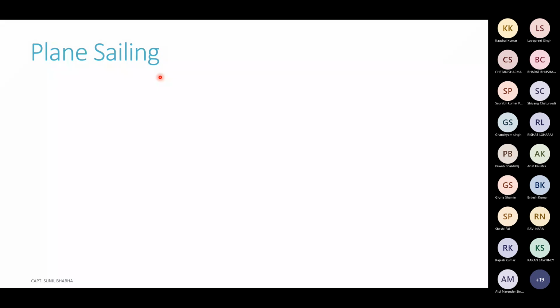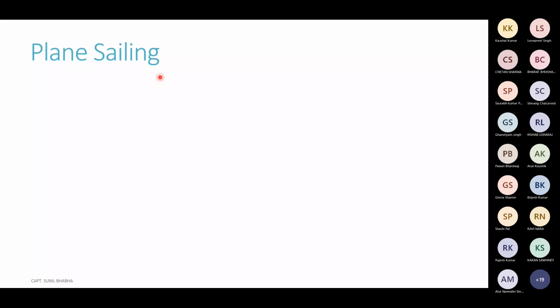But as I was telling you, in the olden days when navigators ventured into the sea, they wanted to calculate these courses and distances, and they had the knowledge of trigonometry available with them. So they used the same trigonometry knowledge to calculate the courses and distances between two positions.